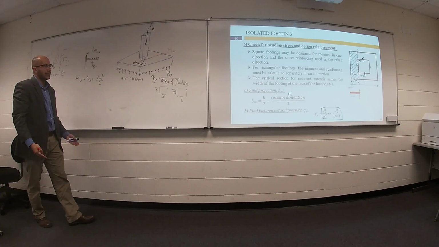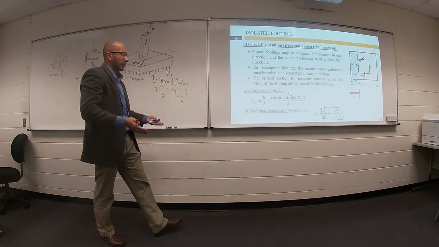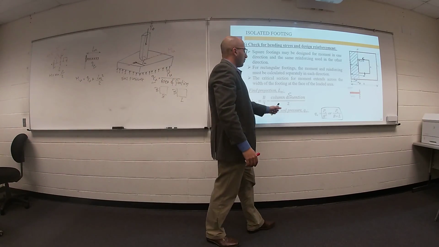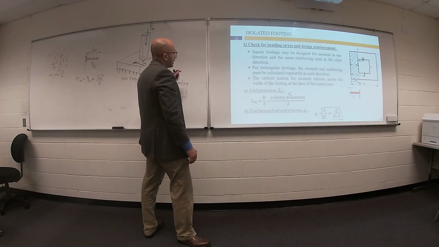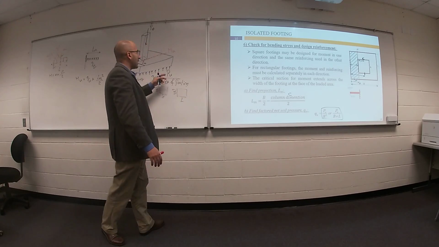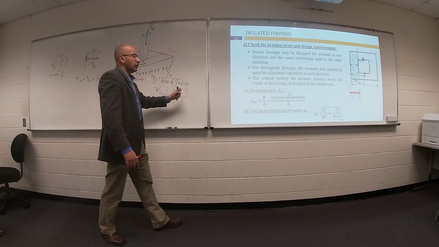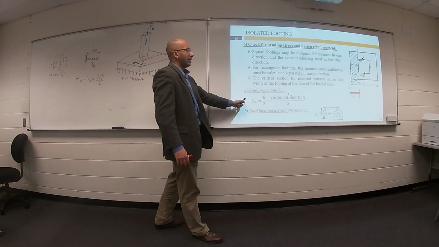Your W here is the ultimate pressure from the soil on the footing. And L is the distance after the face of the column. And you can get it from this equation.